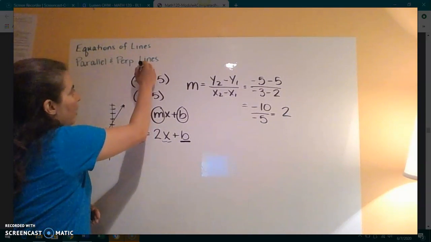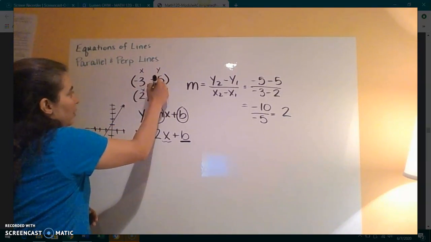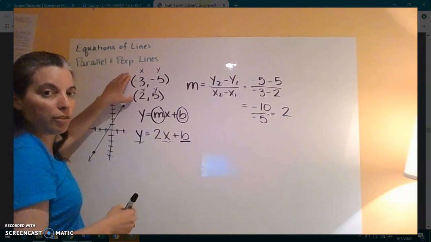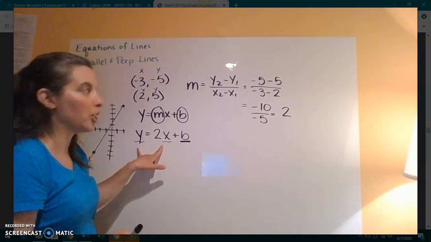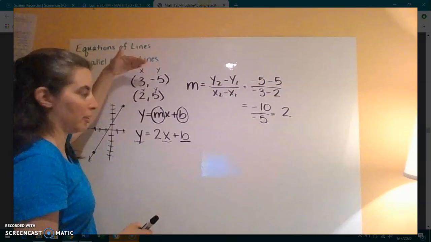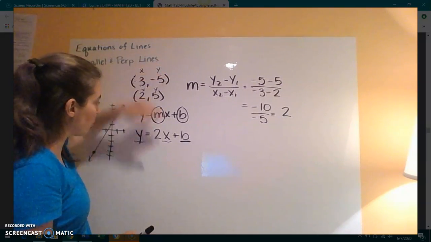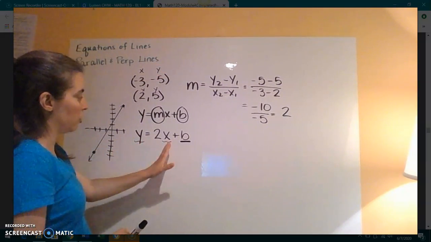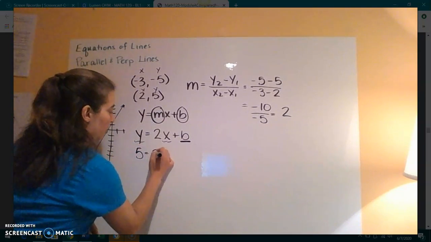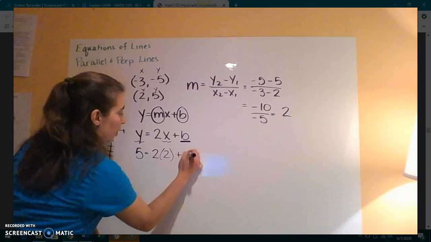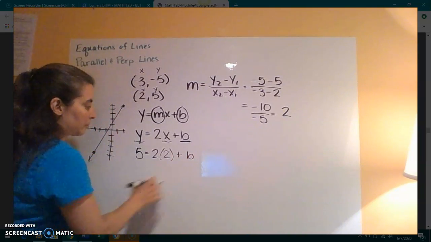Well, looking up here, I have 2 possibilities for x and y. I can take either of these original points I was given, plug it in for x and y. Okay? You have to obviously use the same x and y from the same point. So you could either use -3, -5, or you could use 2, 5. I'm going to choose to use 2, 5, just because it's always a little easier to deal with positives, but either one will give you the same answer.